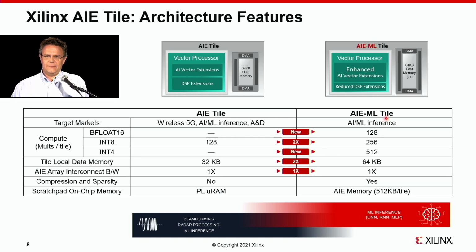On the other hand, the AI/ML tile that we're introducing today has, as I said before, double the number of int8 multipliers, has 128 bfloat16 multipliers, and 512 int4 multipliers. We have doubled the local data memory, as was mentioned, and we have integrated the new memory tiles. Both tiles are implemented in a single clock domain that can run up to 1.3 gigahertz in the higher speed grade.